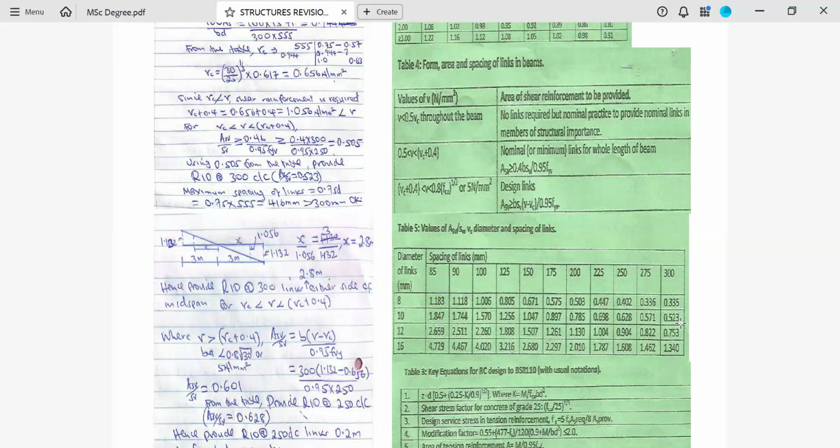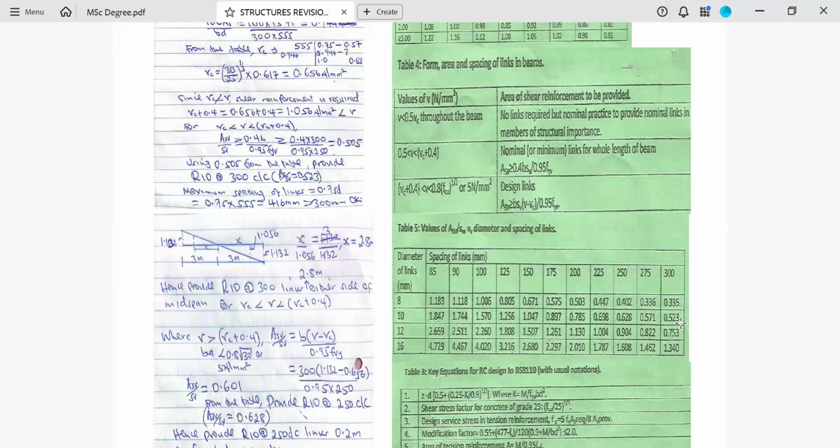Remember, table 5 is just the value of ASV over SV. So this is 0.601. Because I wanted to have a similar diameter of shear reinforcement bar, I will still move along 10. If I move along 10, you find I have a value of 0.628, because the value should be either equal or slightly above.